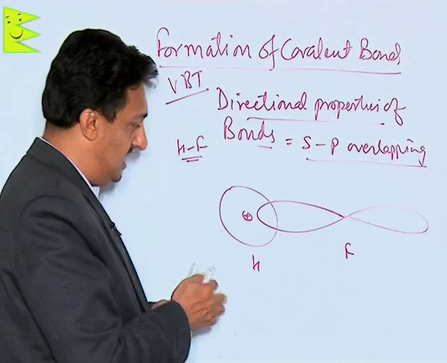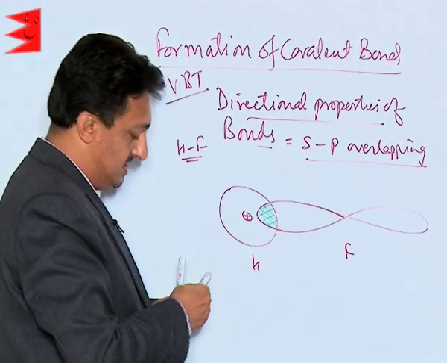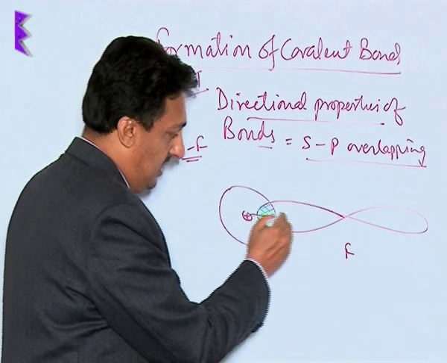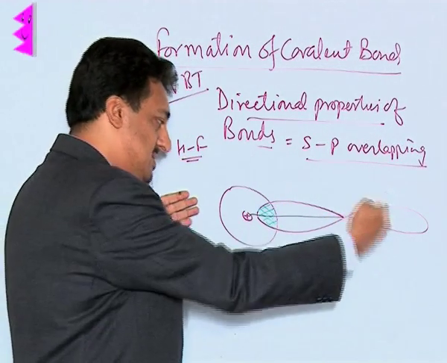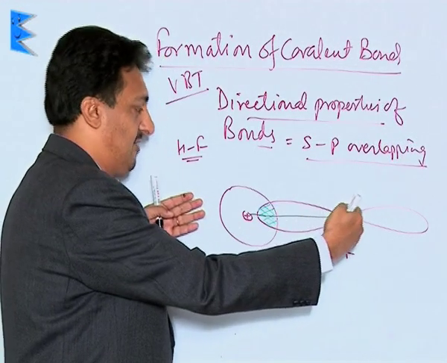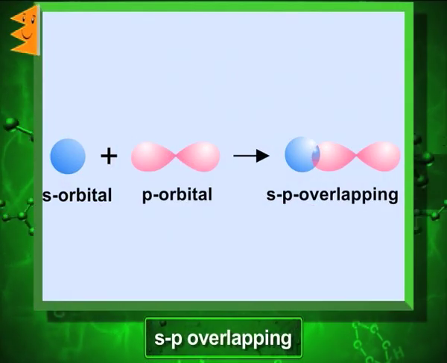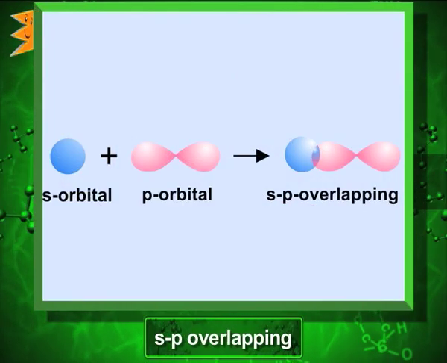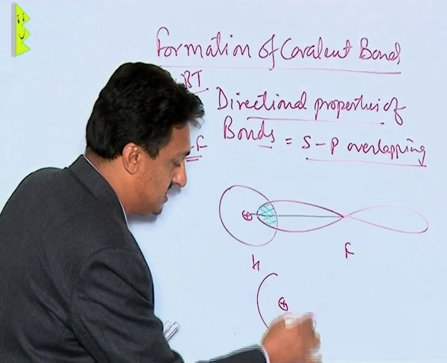Now, this is the area where they get overlapped, and this is your internuclear axis. Since they are in the same direction, the orbitals overlap along each other. The overlapping is taking place to a great extent. The bond is formed.